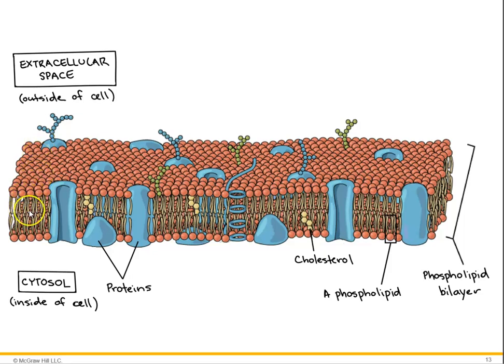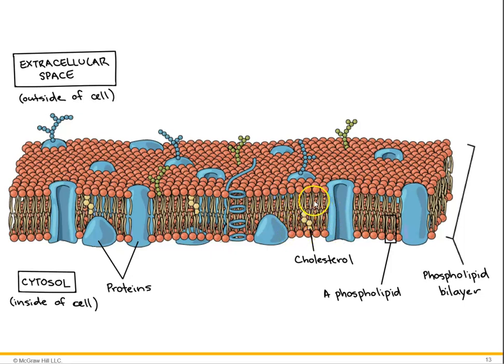And you've got those hydrophobic tails pointing inwards towards each other, trying to avoid interaction with the water. Then you've got proteins that are embedded in this phospholipid bilayer, and they move around, sort of floating among the phospholipids.